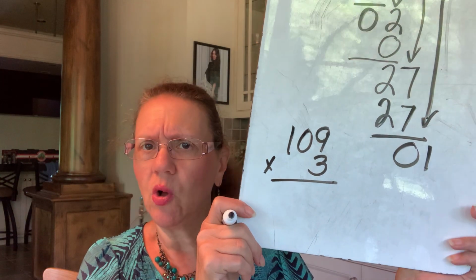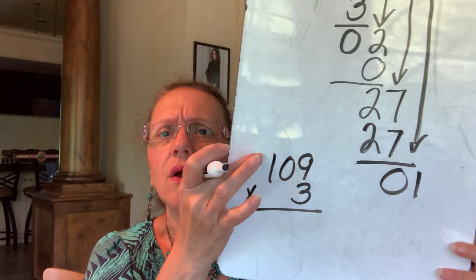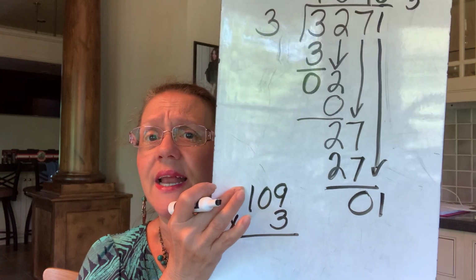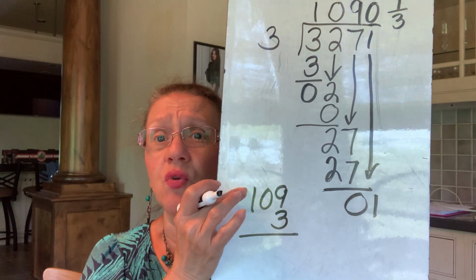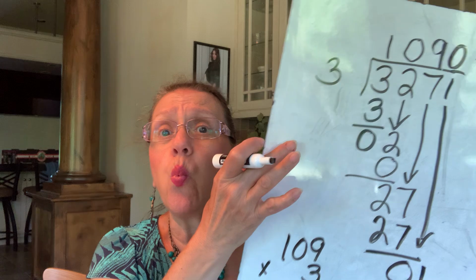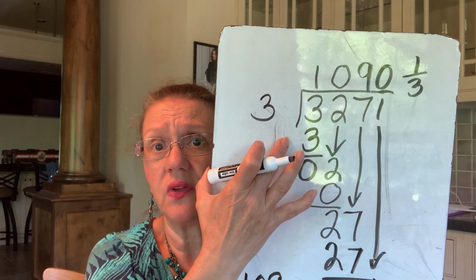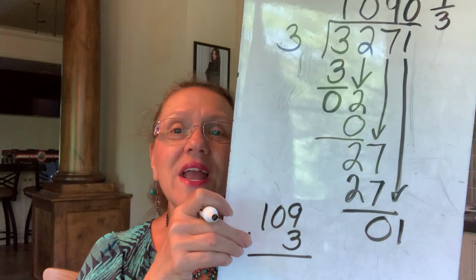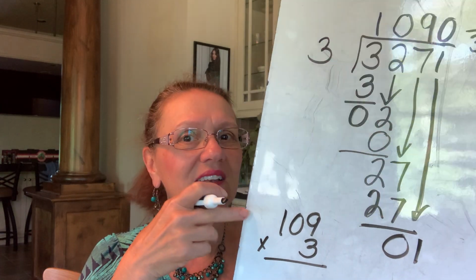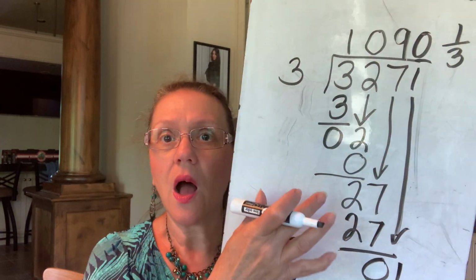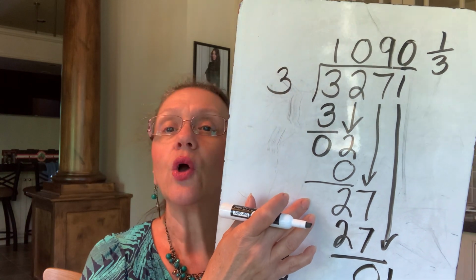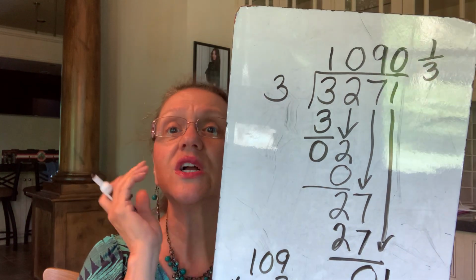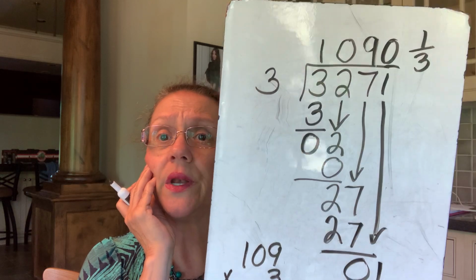Even before I do any multiplying, if I round my 109 to 100, 3 times 100 will give me 300, which is way less than 3,000. I'm not even in the right place value. So right there, you should get the idea that, whoops, I've done something wrong. And the only thing you did wrong was you didn't answer your question. How many times does 3 go into 1?